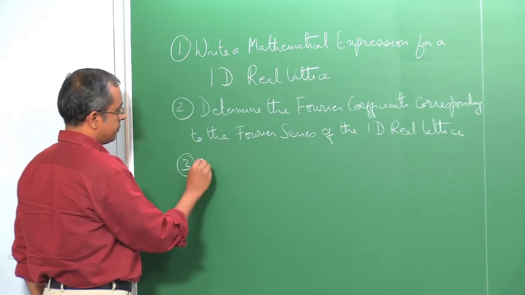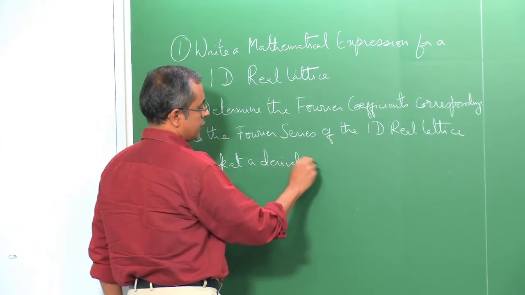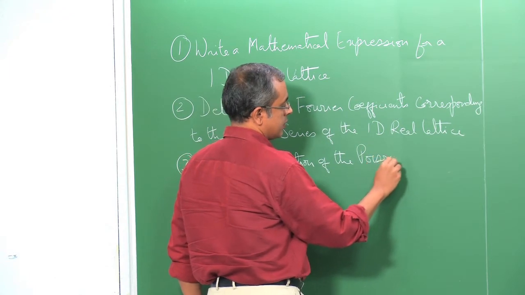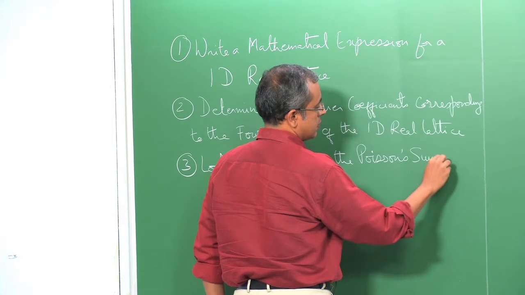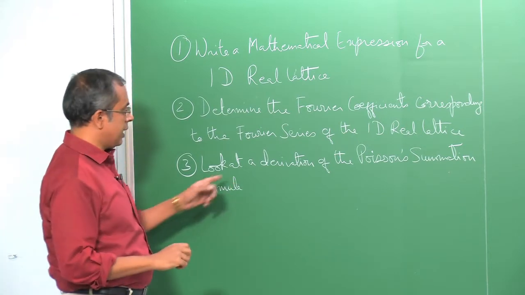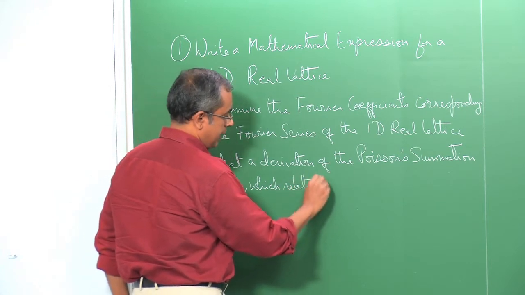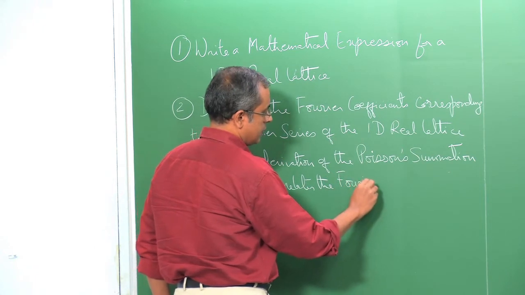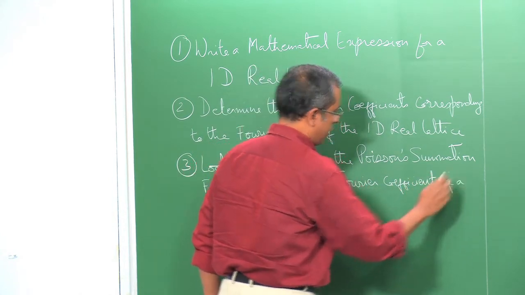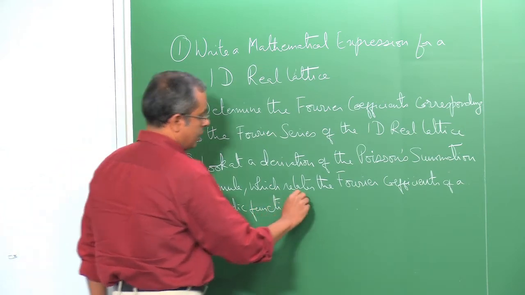Then we will look at a derivation for something that is referred to as Poisson's summation formula, which relates the Fourier coefficients of a periodic function to its Fourier transform.